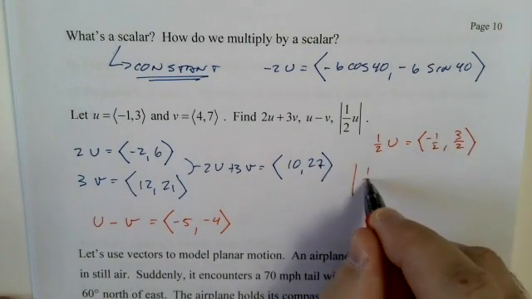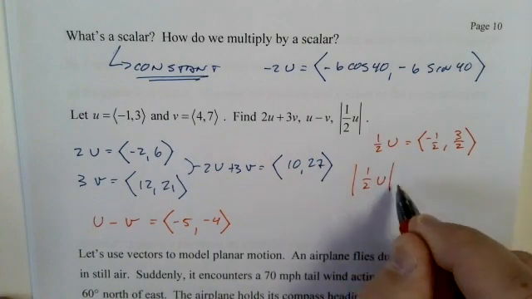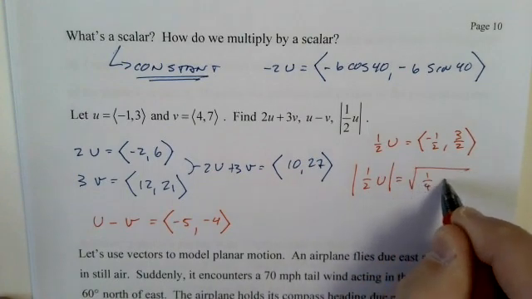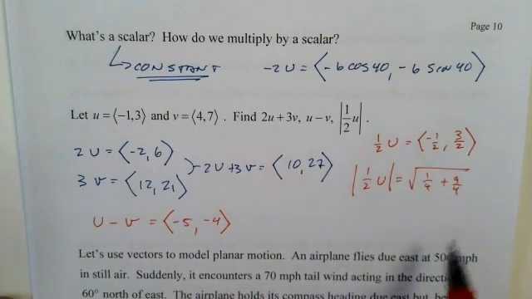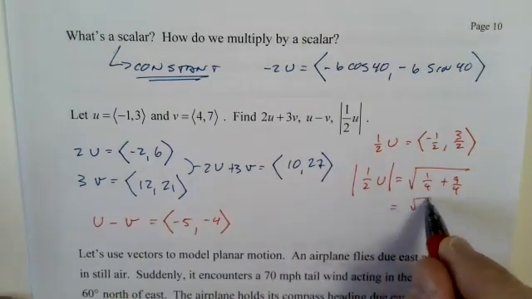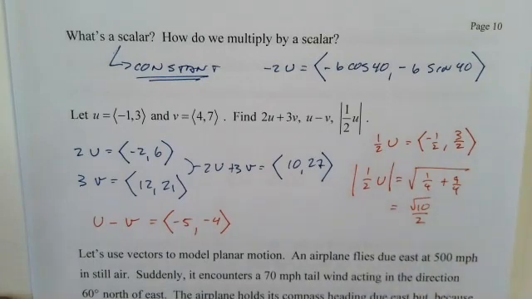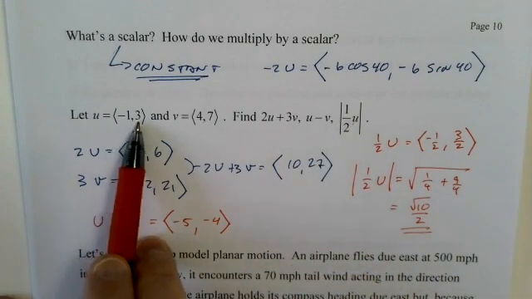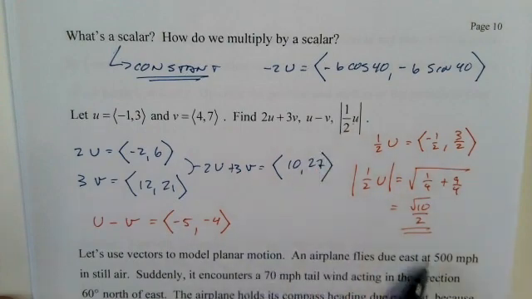The absolute value, in other words the magnitude, is the square root of 1/4 plus 9/4, which is 10/4, equals the square root of 10 over 2. Notice I could have just found the square root of 10 and then multiplied by 1/2. Either way is going to work.